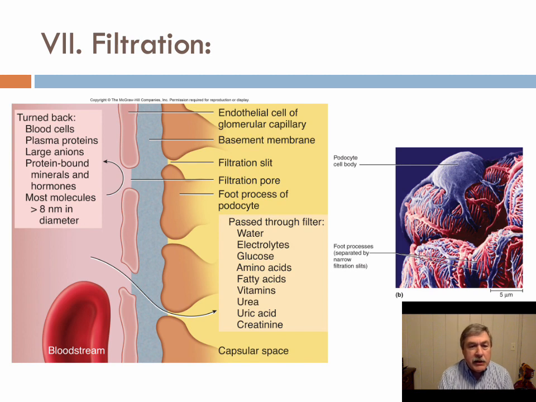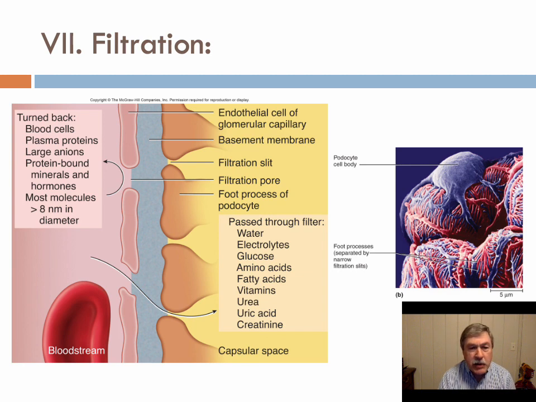Okay, this is a close-up illustration showing the filtration apparatus. On the far left, you have the lumen of the glomerulus. That large red structure you see on the lower left is a red blood cell, just to give you an idea of the size.